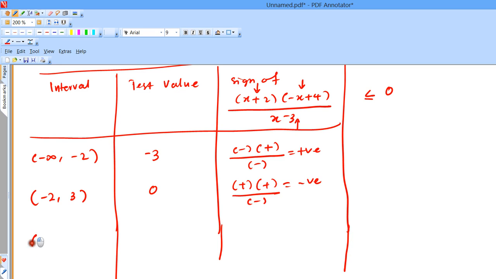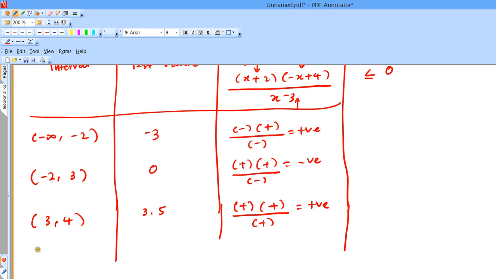The third interval, from 3 to 4, you can choose x equal to 3.5. The first bracket is positive, the second bracket is positive, and the denominator is positive, so the result is a positive sign.